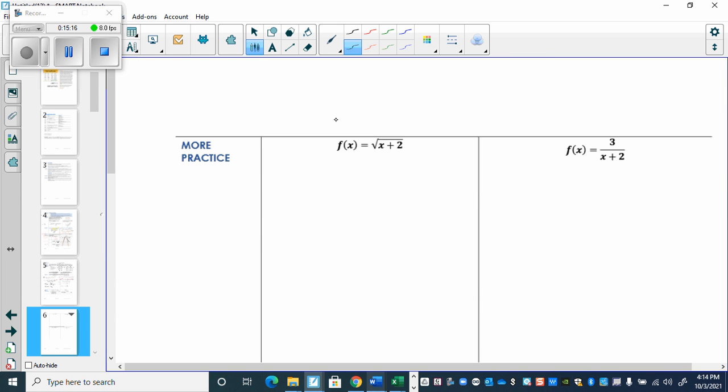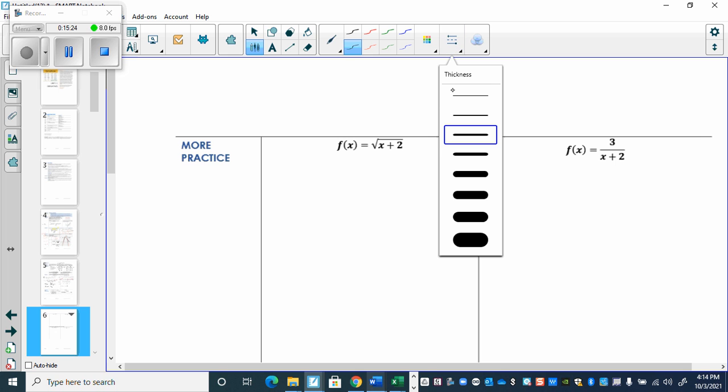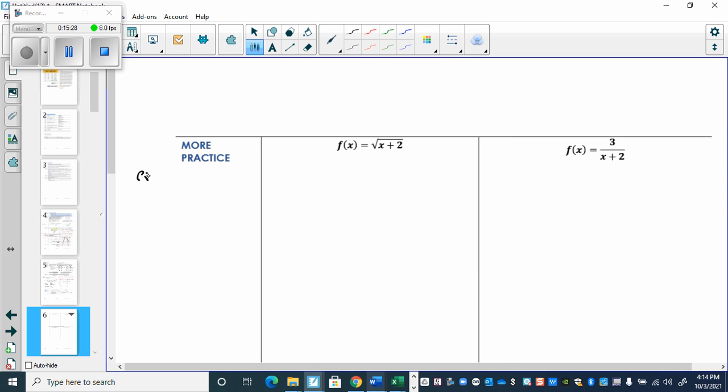For more practice with radicals, you would just do the conjugate. So, limit as h goes to 0, square root of x plus h plus 2 minus the square root of x plus 2 over h.